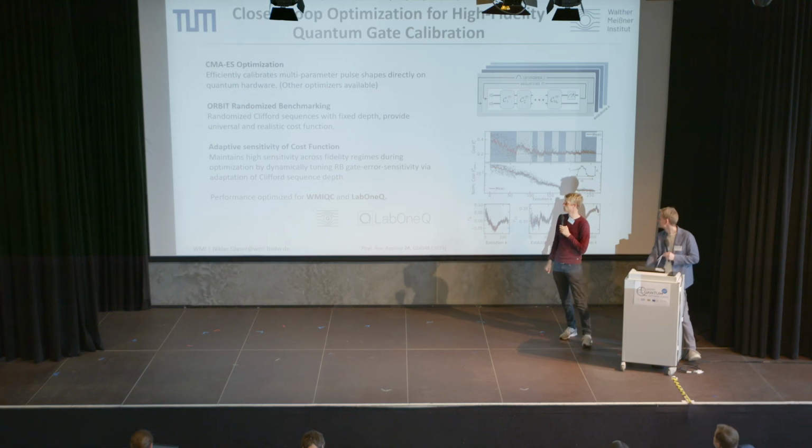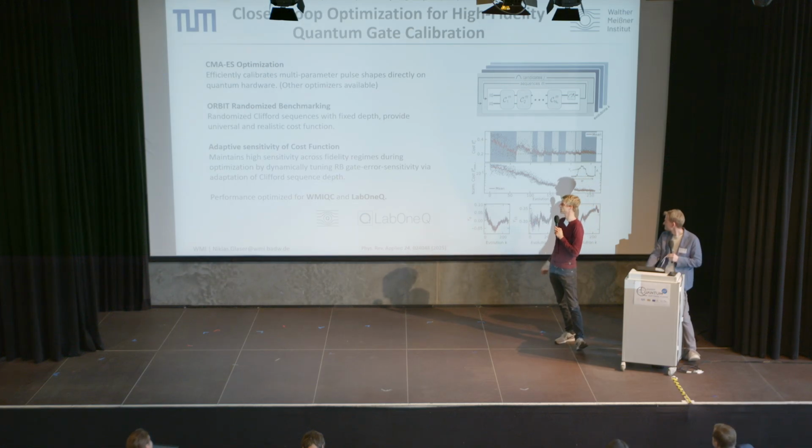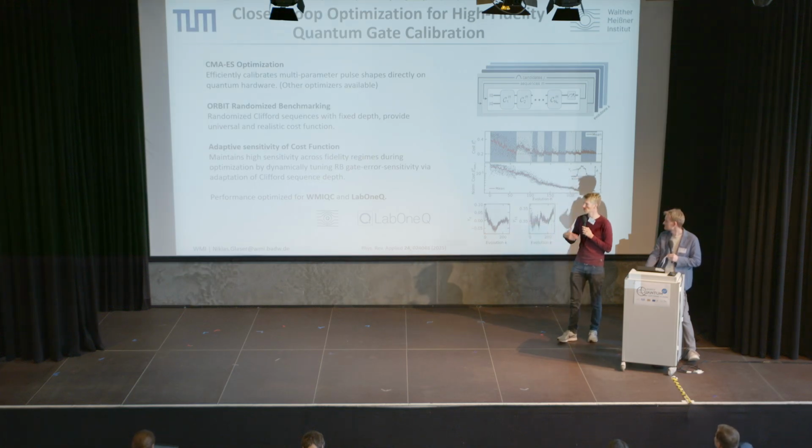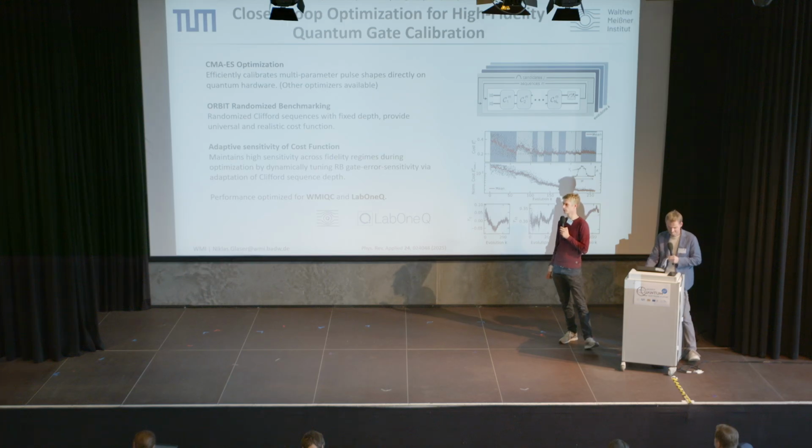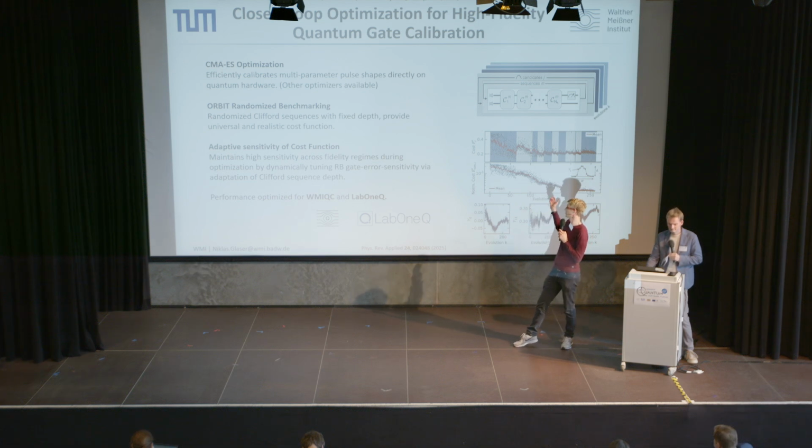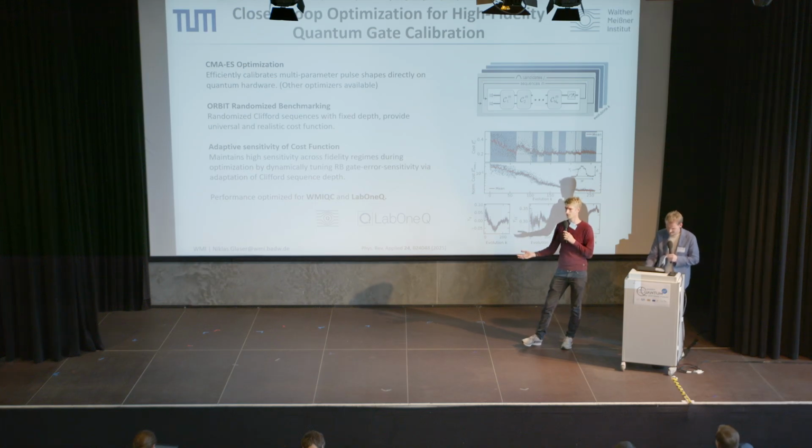What we have been using as a basis is a CMA-ES optimization, so a cloud optimization, combined with the ORBIT protocol for randomized benchmarking, but also including an adaptive cost function which adapts the number of Clifford gates and therefore the sensitivity. Furthermore, a lot of effort goes into optimizing it to execute fast on the hardware.